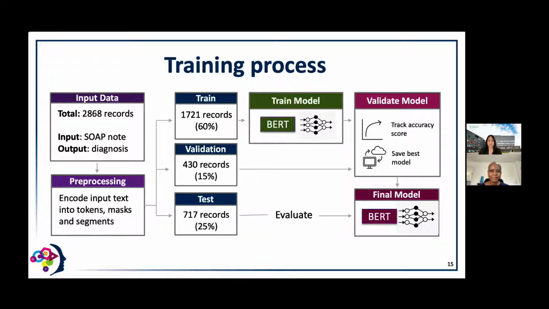But in terms of the training process, we use the train and validation data to continually train this model and track the performance. And in the example, you saw that we ran through 10 epochs, or 10 iterations, for the model to keep improving on itself and tweaking those parameters so that it can make a better and better prediction. So after these 10 iterations, we say, okay, we like the result. We think this is as good as it's going to get for our model. And so let's save this model and evaluate the results on the test set that we've set aside.